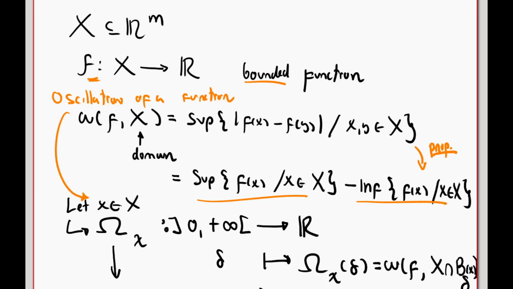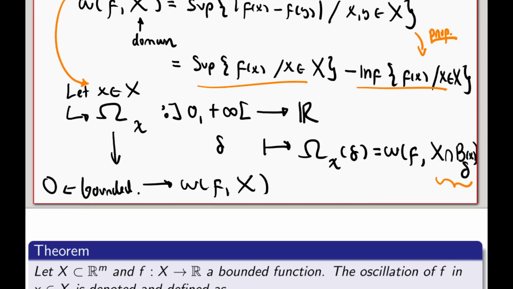On the left, it is bounded by 0 because if the function is constant, then naturally its oscillation will be 0, because the supremum will be that constant and the infimum also that constant, so that cancels out and renders 0. So that function is bounded.